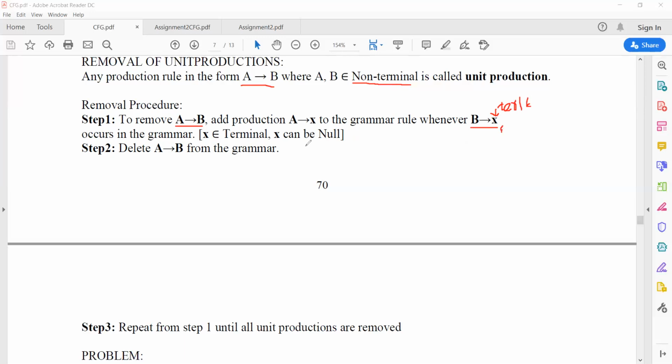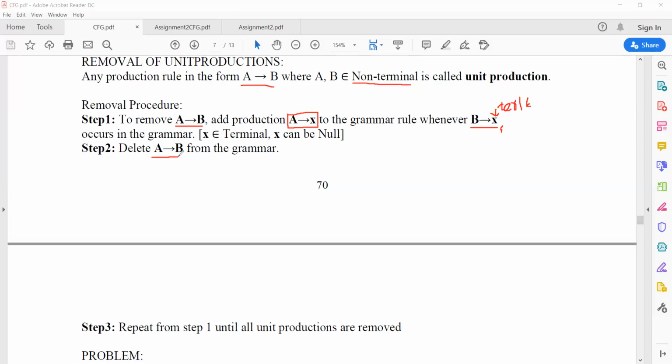What you will do is replace the production A produces B by the production rule A produces X, so the non-terminal will produce a terminal, and you delete the A produces B production rule from the grammar.